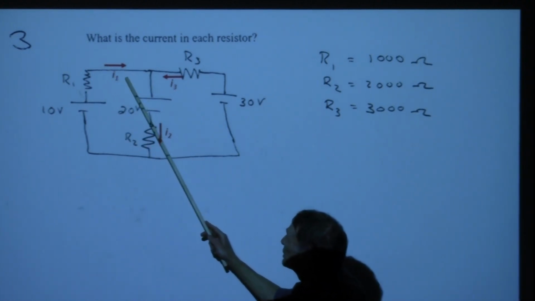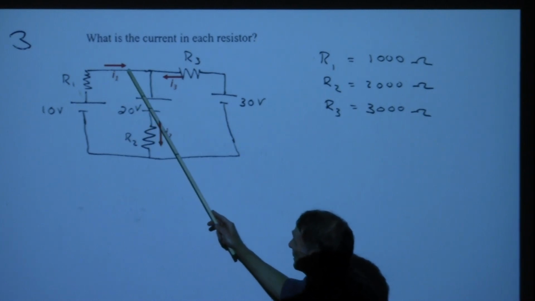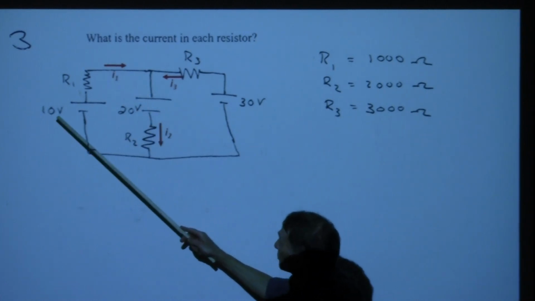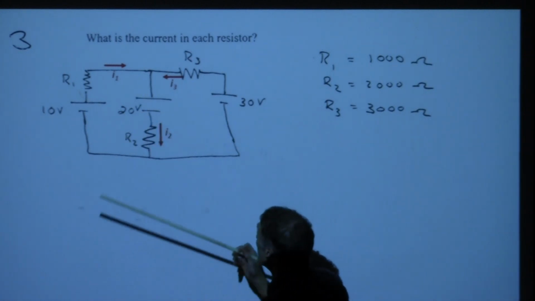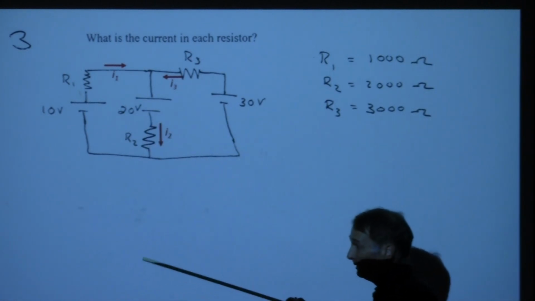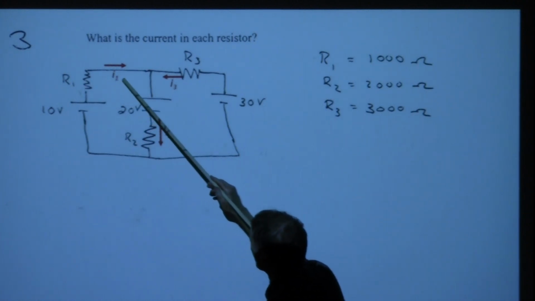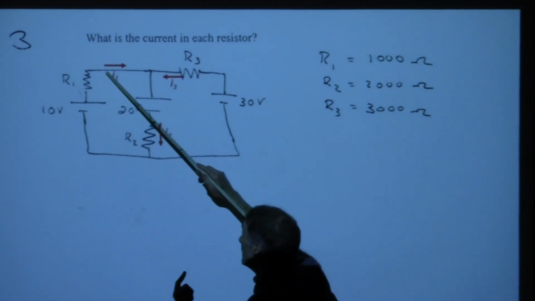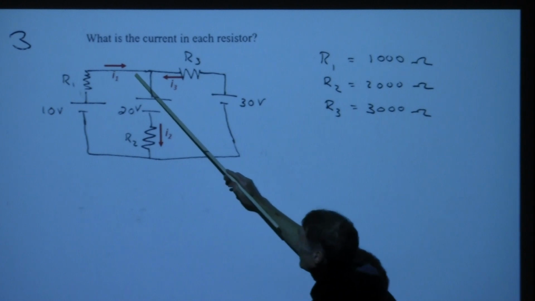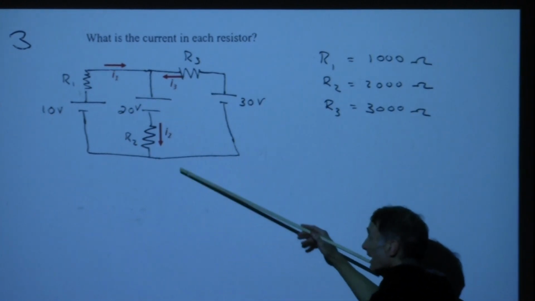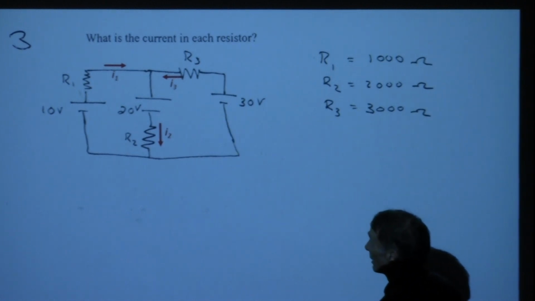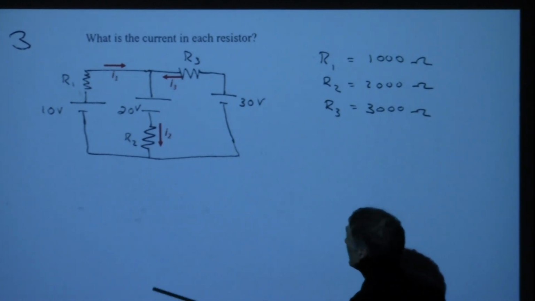In fact, I did these purposefully wrong because the current I know is going to go the other direction, but the math is going to tell me, and so I don't need to guess. Sometimes you look at some circuits and you really can't tell which way the current's going to flow. So just assign this direction. That assigns a sign to this. So I just put I1, I2, I3 in this and in this direction. And then I proceed with the problem.